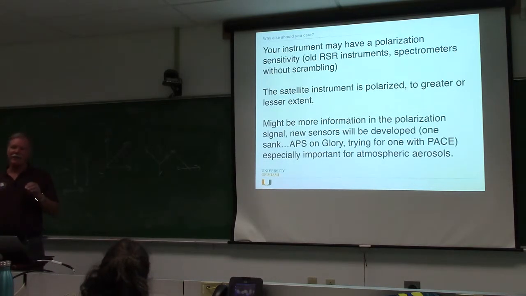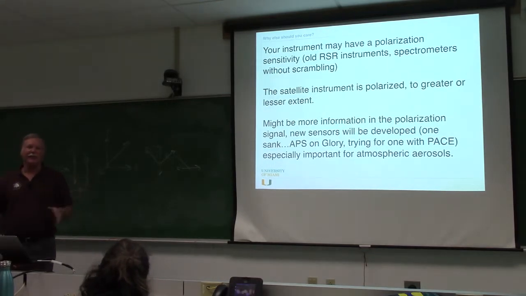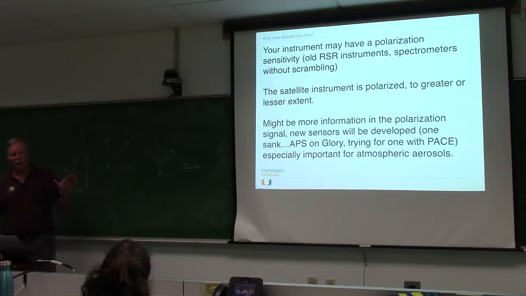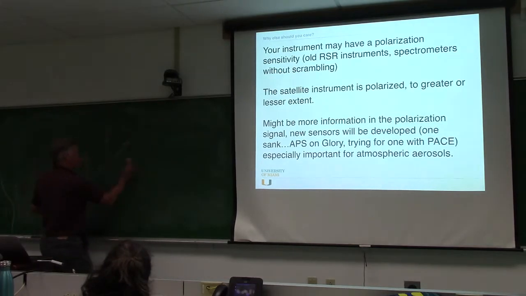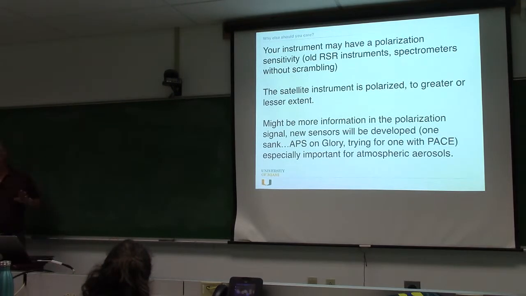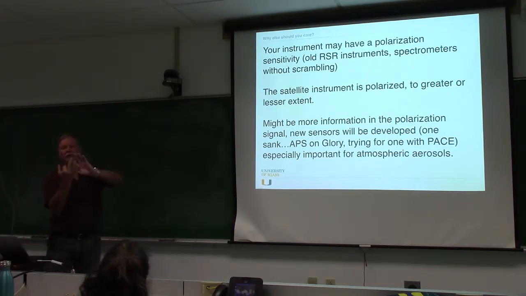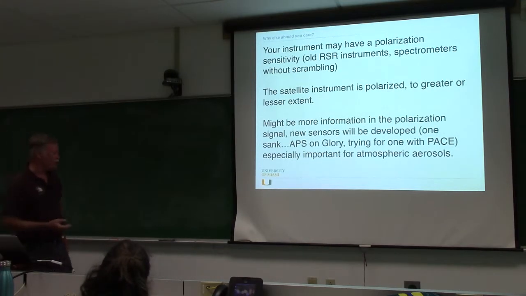One of them has 4 wavelengths but a whole bunch of angles. The other one has fewer angles but more wavelengths to work with. Now, it doesn't matter. All that you care about is that you have 3 different linear polarizers. Let's ignore circular. So you just need 3 linear polarizers.